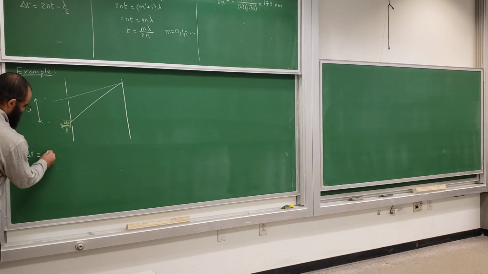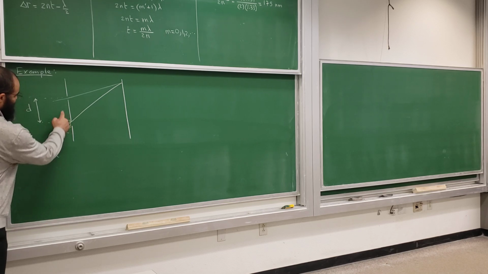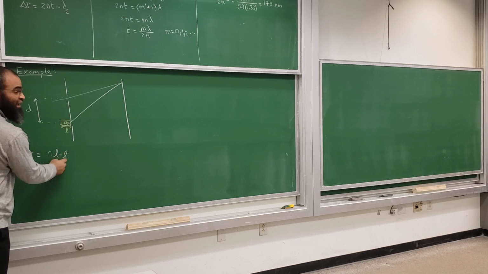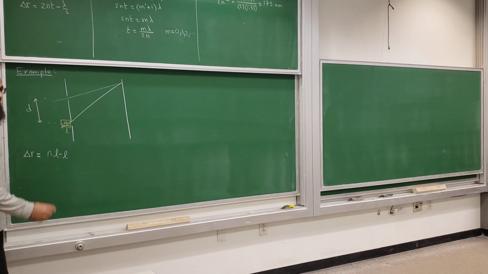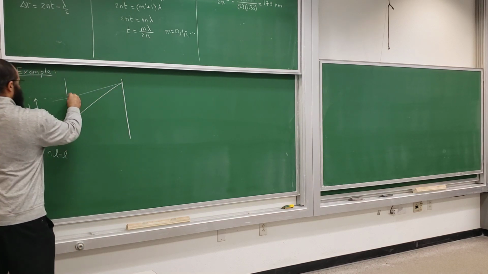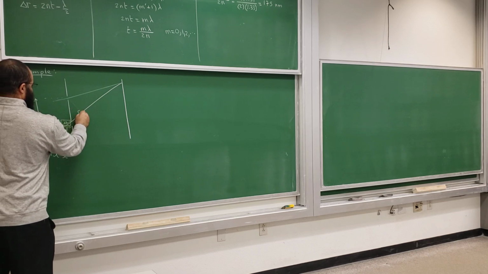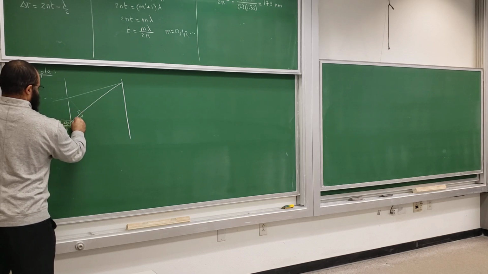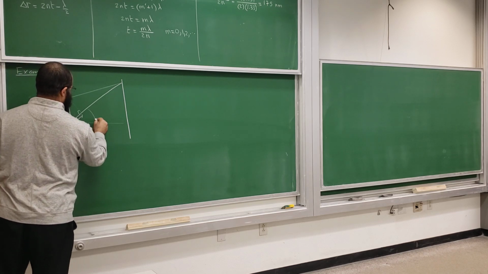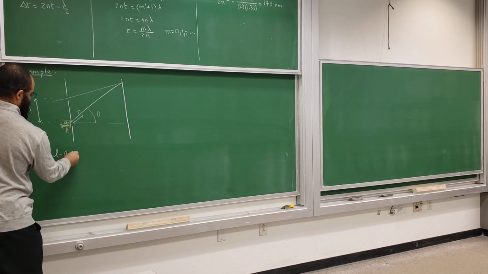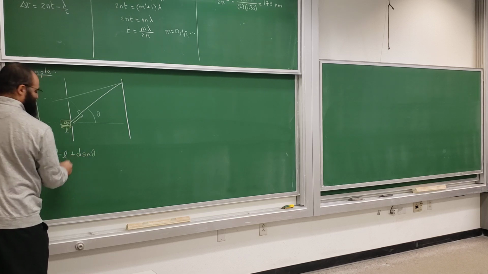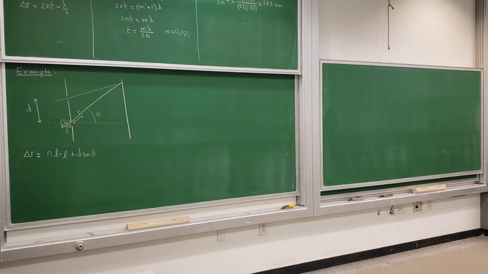So you got N times L. This one traveled L only, so the difference between them is NL minus L. And now this part, when they travel from here to here, this one traveled an extra what? At this angle, let's assume it's theta, D sine theta. So plus another D sine theta. That's the path difference between them.